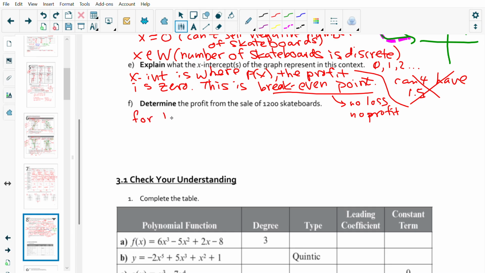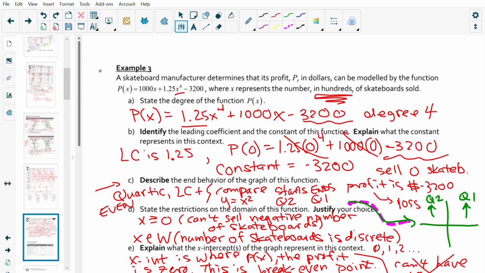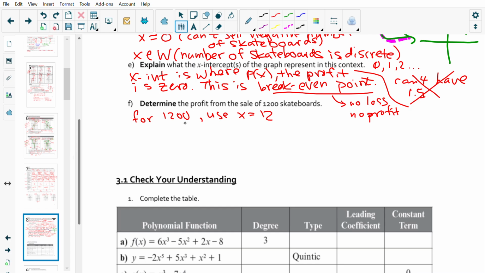Determine the profit from the sale of 1,200 skateboards. For 1,200, use x equals 12 because, remember, the number is in hundreds. So it's 1,200, so I have to use 12 in the equation.